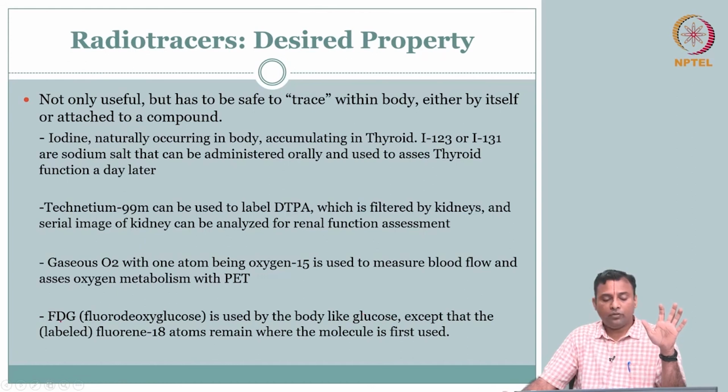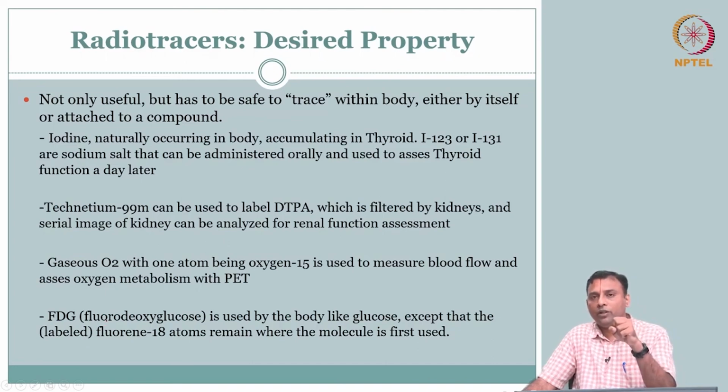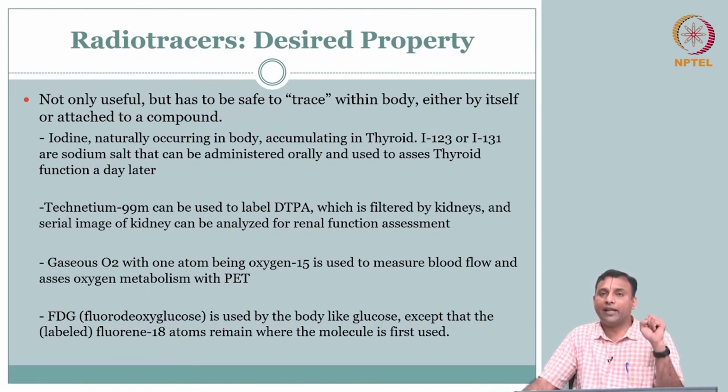The labeling, the fluorine 18, goes along with the glucose. Once the glucose is consumed, fluorine stays there. So essentially the more the glucose activity, the more radioactivity from there, because fluorine gets accumulated. So in that sense, this can be used as a functional imaging for metabolic activity.